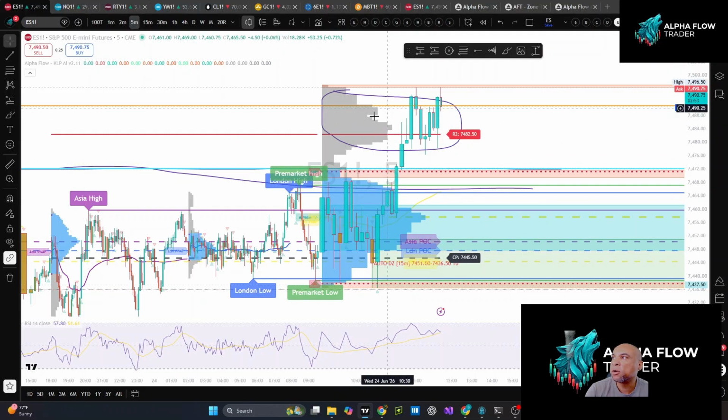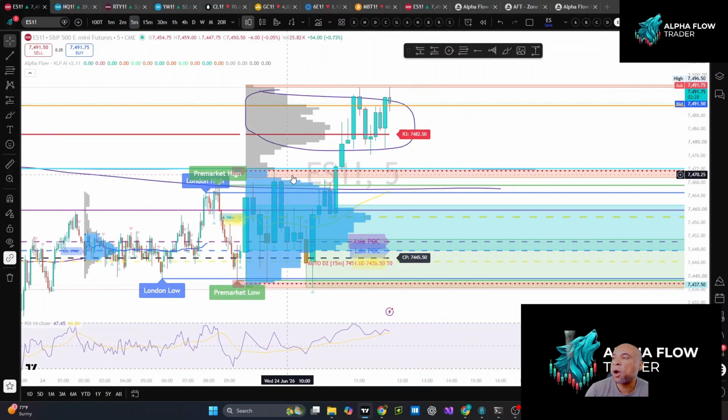These peaks are your high volume areas, where price transacts a lot of high volume transactions. And then these valleys are your low volume areas, where price tends to move through very quickly with little volume transacted in these areas.